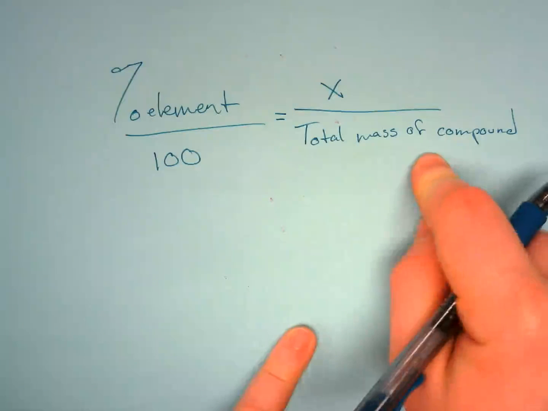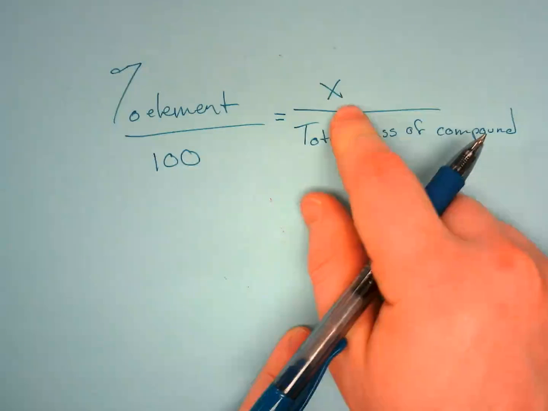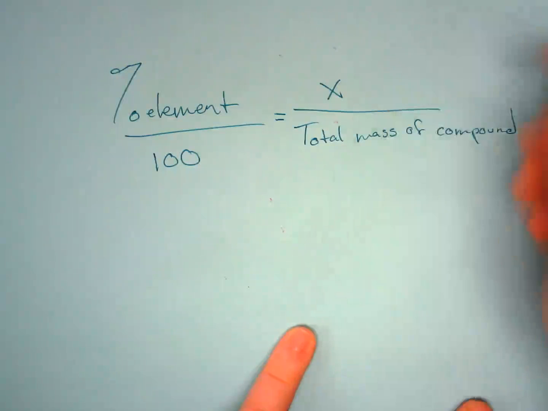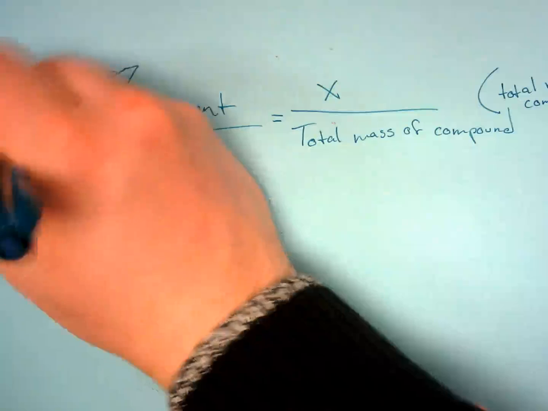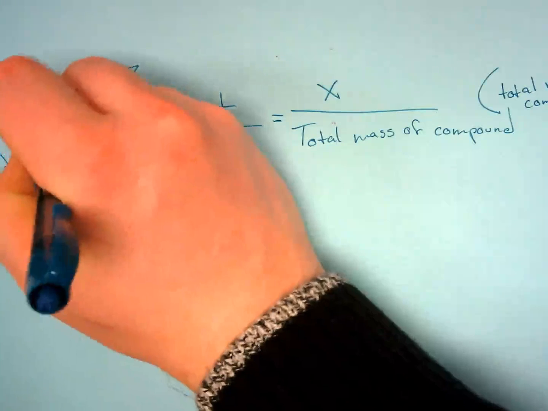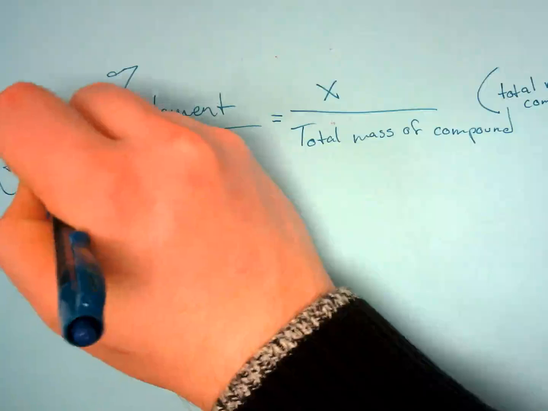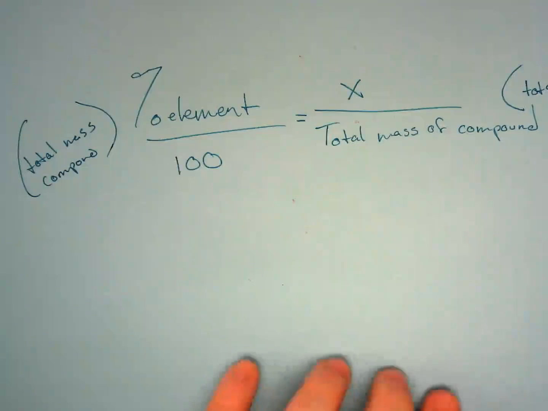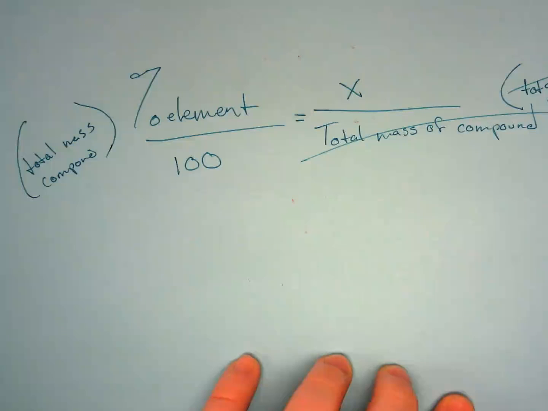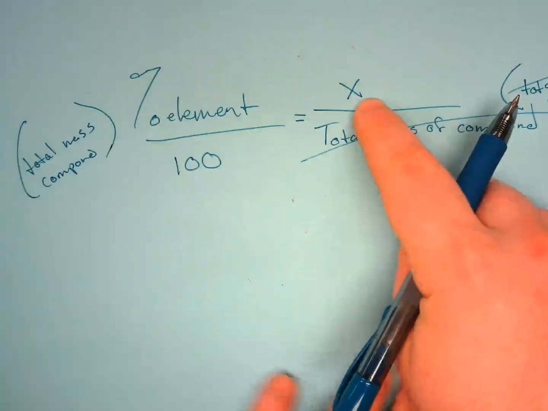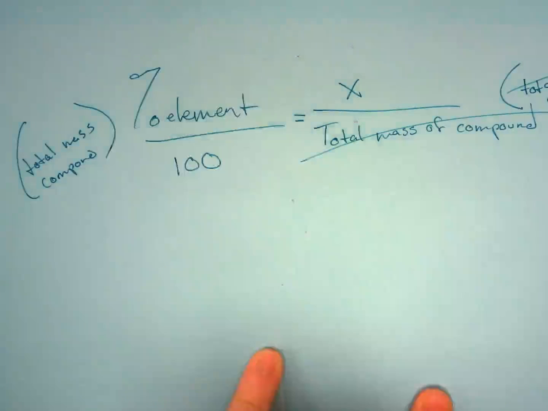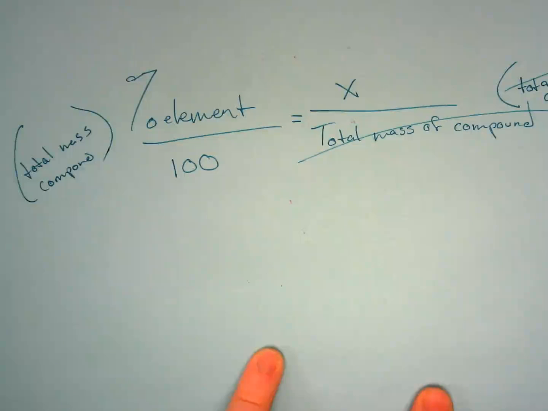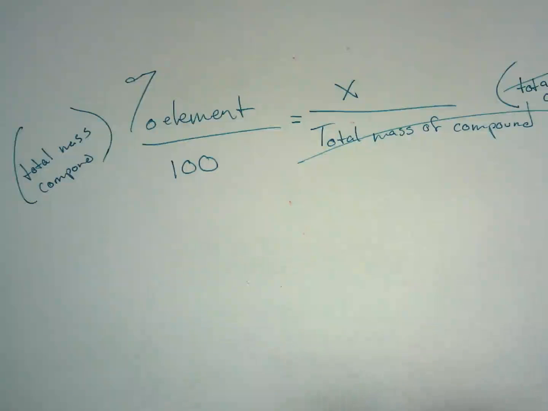To get x alone, we multiply by the total mass of compound on both sides. They cancel over here, and you're just left with x. So x is equal to the percent of the element divided by 100 multiplied by the total mass of the compound. Easy peasy. That's how we came up with that.